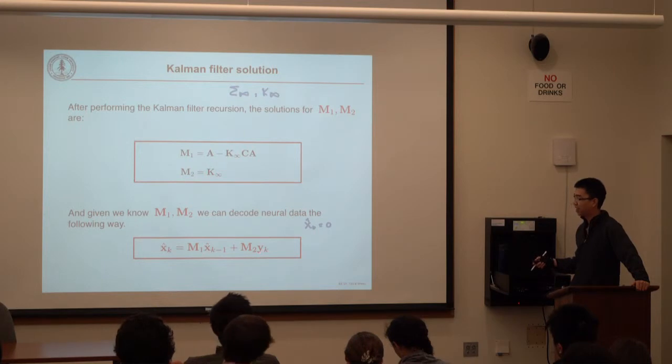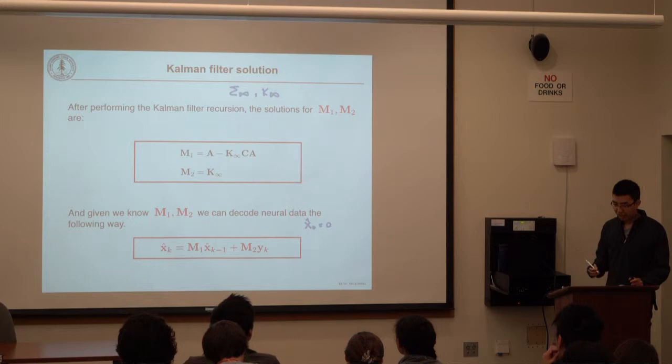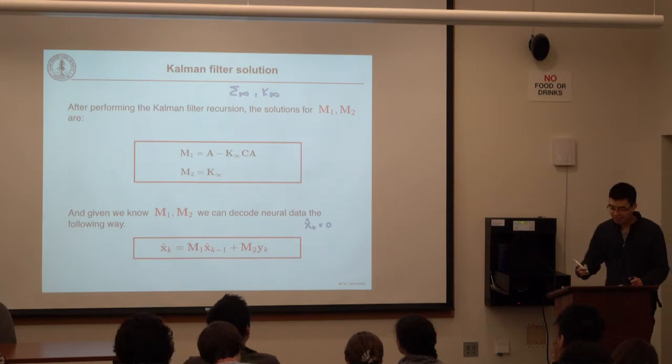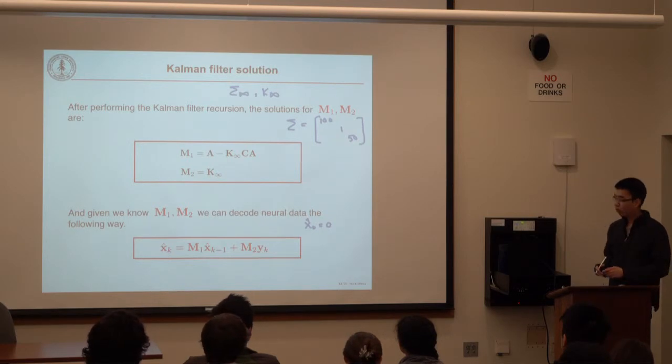The neural data here is being multiplied by this matrix M2, and M2 is just k infinity. And so that sigma, if it was equal to, say, 100, 1, and 50, would modulate the parameters of this k infinity.